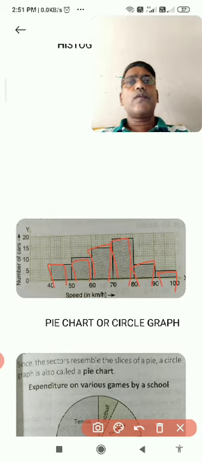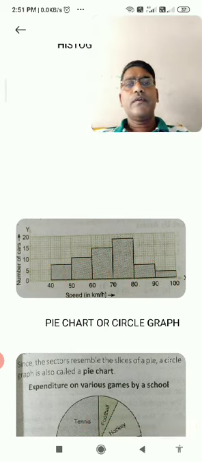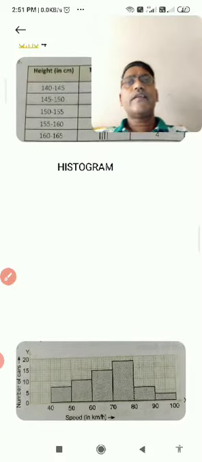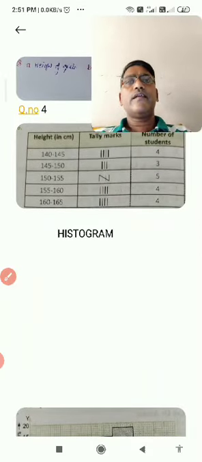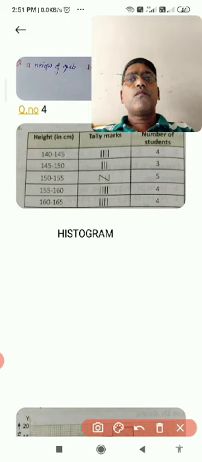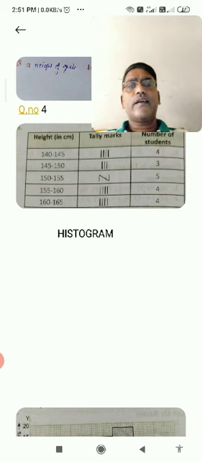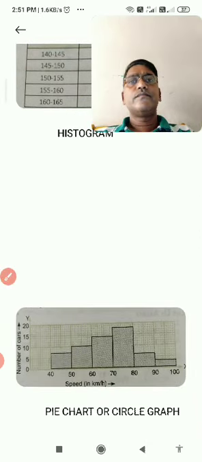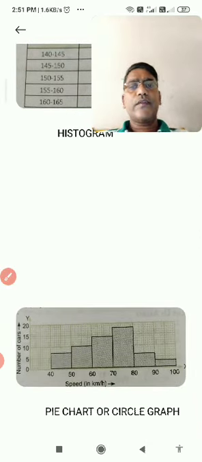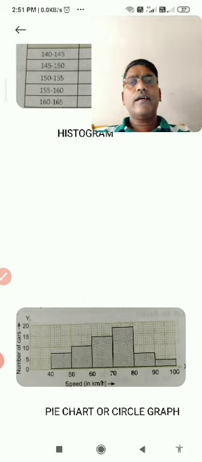These you are going to prepare by pencil using the ruler on graph paper. Just roughly I am explaining how to prepare this. Clear to you? And just observe, here clearly given 140 to 145 is 4, and then 3, then 5, then 4, then 4. That only we are done here. Clear that data we are interpreting in the form of histogram.